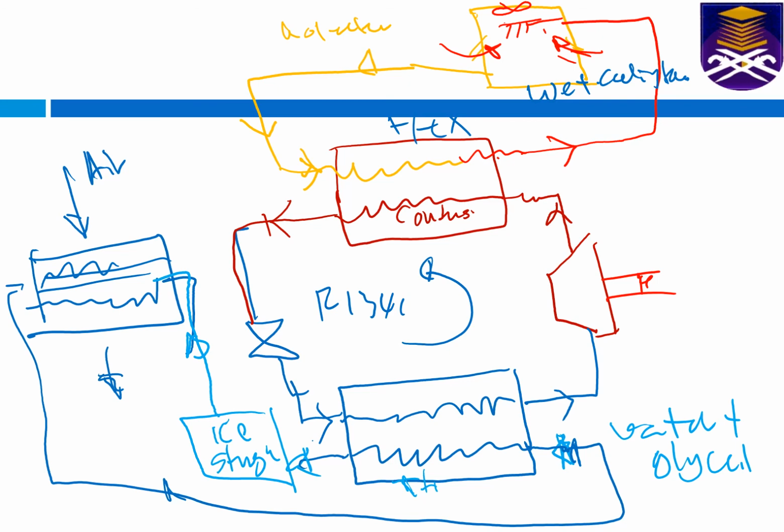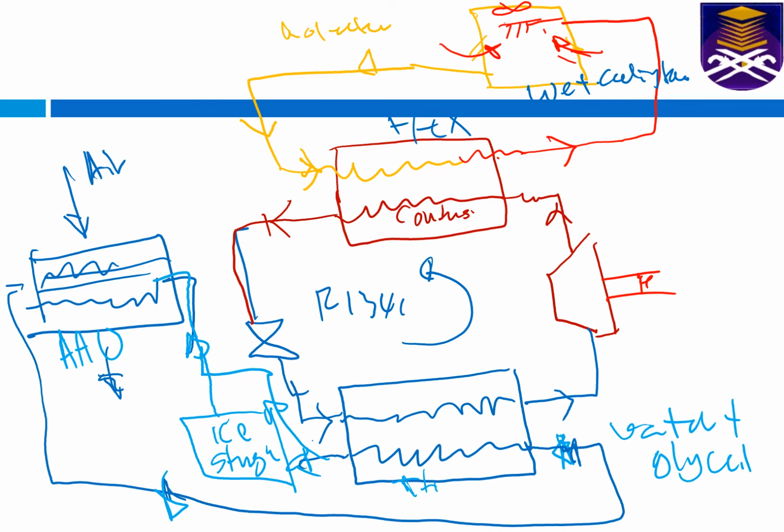So the ice is stored over the night. During the office hours in the morning, the ice will be used for the AHU unit here, and then after that you come back and go into the cycle. Okay, and then reproduce and come back to the ice storage again. Or in some cases it will be bypassed and go into your room.